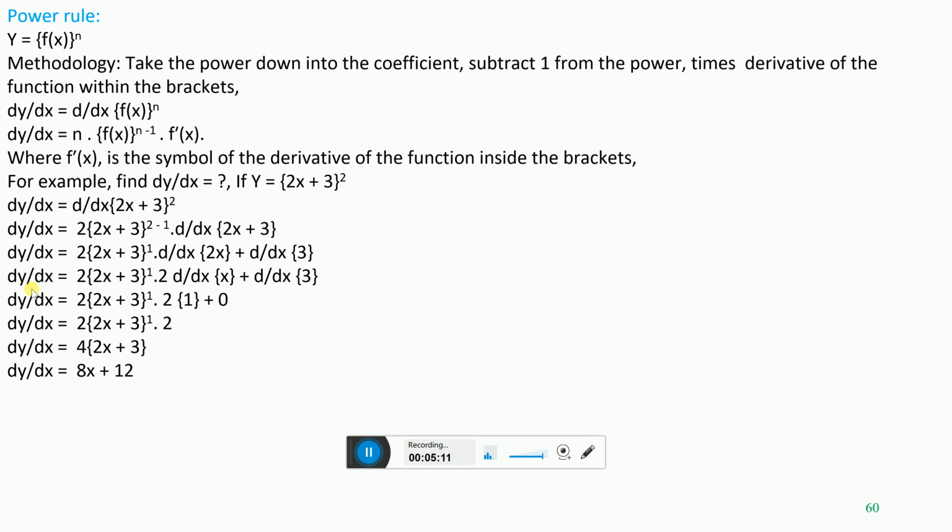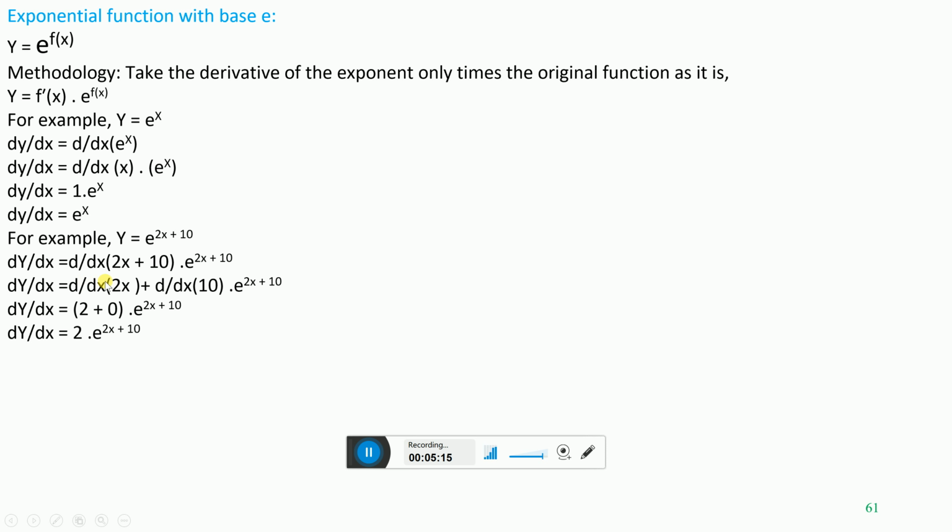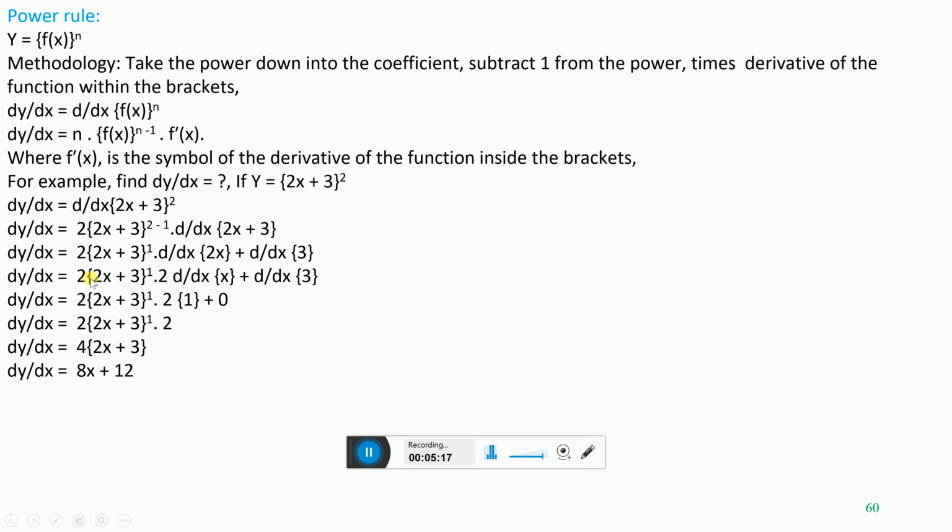Now dy over dx is equal to 2 times 2x plus 3 raised to the power 1. Now this 2 is a constant. So we will take this 2 outside and take the derivative of the function x with power 1 only, plus d over dx of 3.